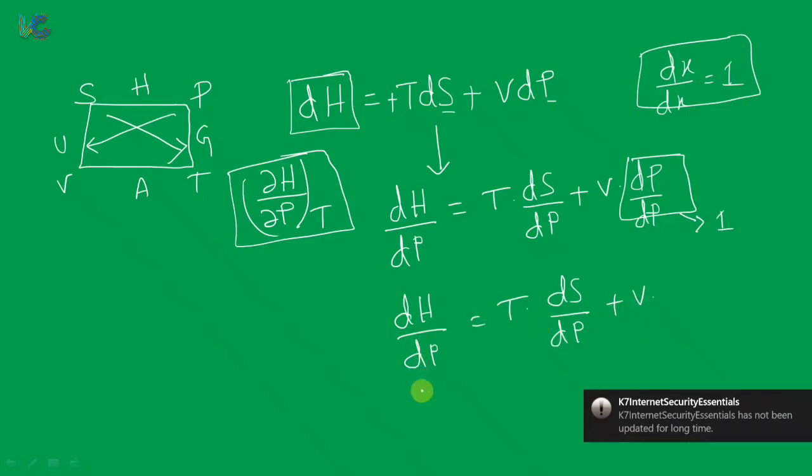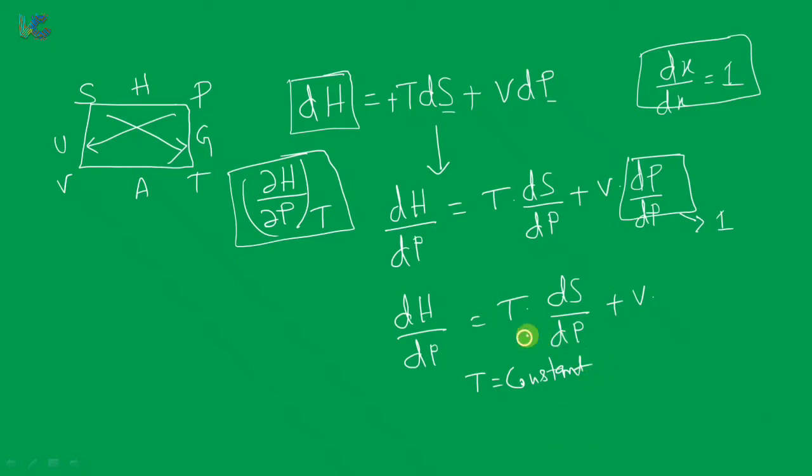Now you want to measure del H del P at constant T. That means in this equation you have to introduce a constant T. Suppose the temperature is constant. I have told you several times that if you introduce a constant in a complete differentiation, then it changes to partial differentiation, that means d will become del.